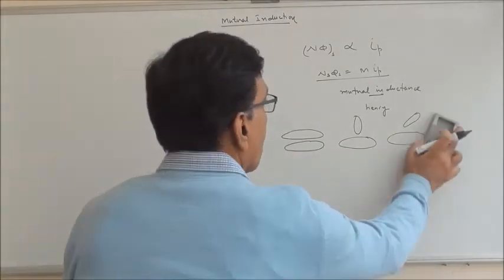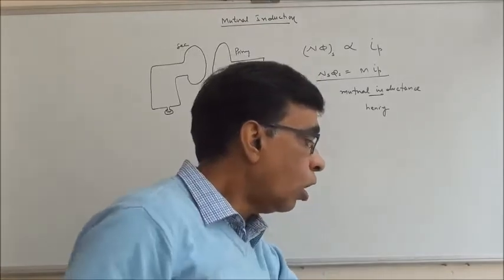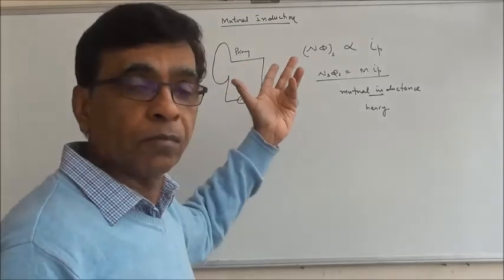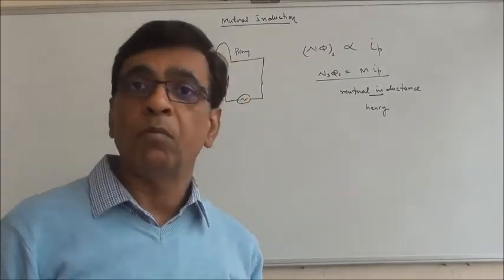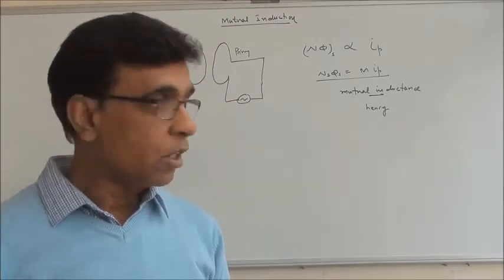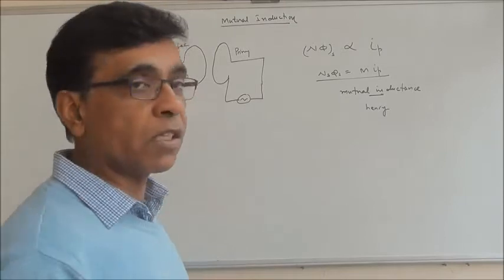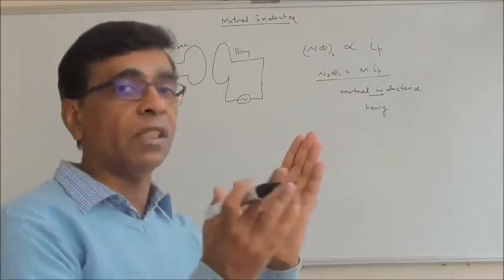See, the EMF or the current depends on how much flux is changing. So if the changes are large, there will be more induced EMF. If changes are less, there will be less induced EMF. And how much flux is passing through it, how many magnetic field lines are passing, will depend on how the secondary is placed.